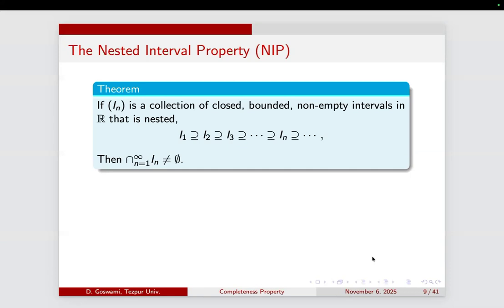So it's basically a property of sets, bounded sets. Can this property be seen from some other angle? So here is the first case, the nested interval property. We consider a nested sequence of closed bounded non-empty intervals, and it says that this intersection is non-empty.